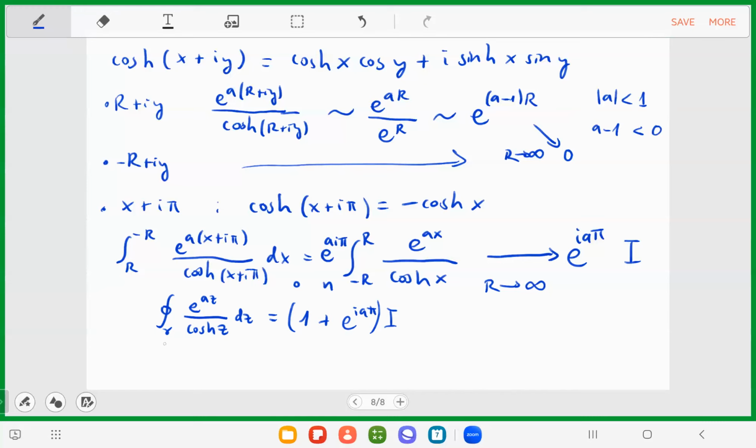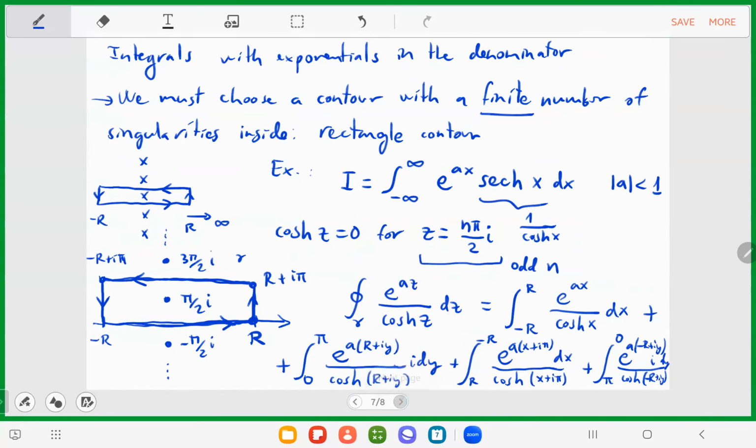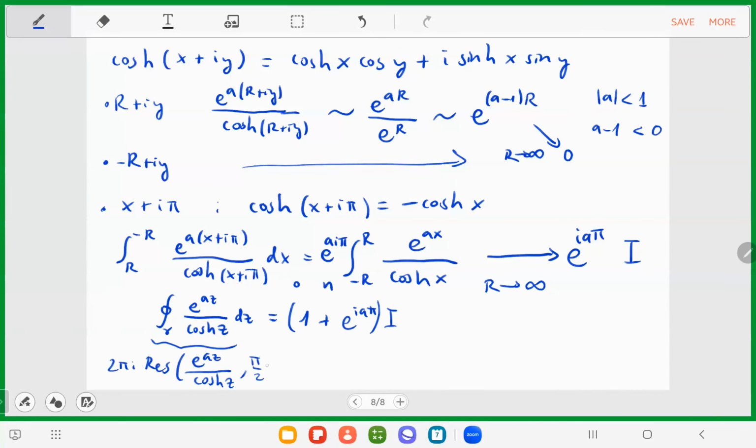Well, this one is 2πi. There is only one residue. We need to find the residue of the exponential of az divided by hyperbolic cosine of z in the only point that is inside the contour, which is πi/2. I let you check.